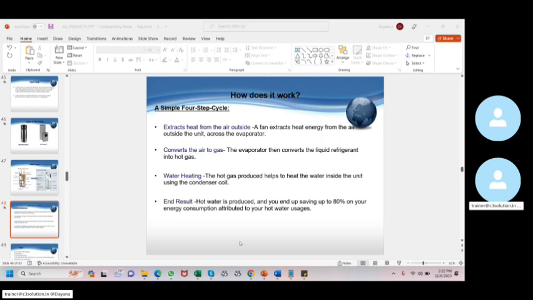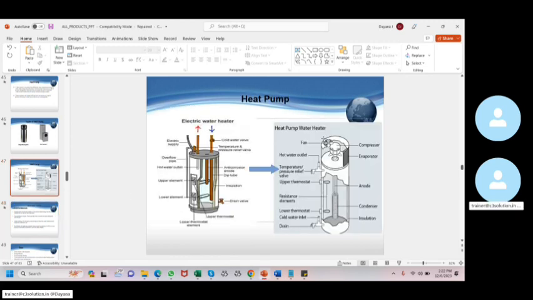Going to the previous one, this fan extracts the heat from outside. Whatever air is outside, the fan extracts it and it crosses to the evaporator here.